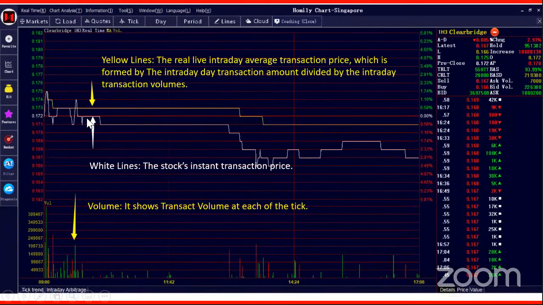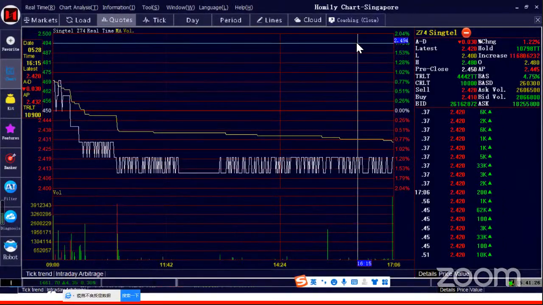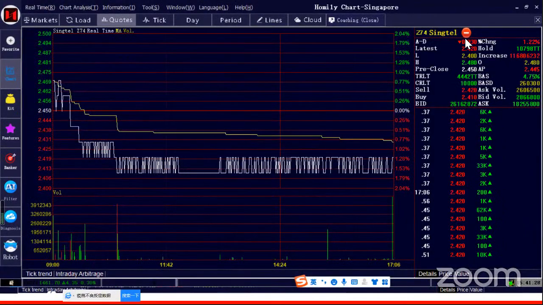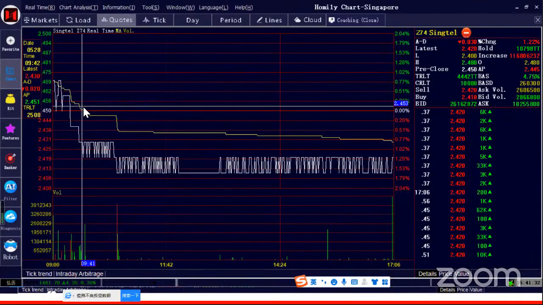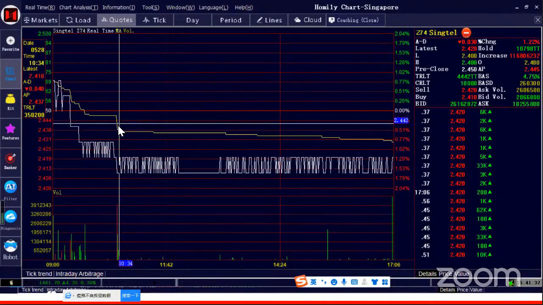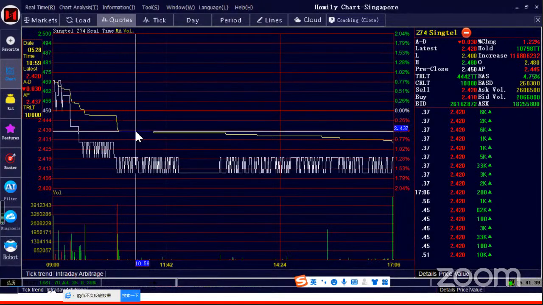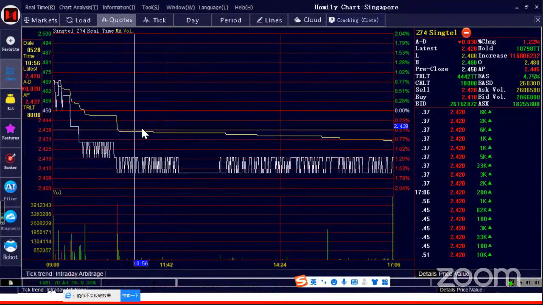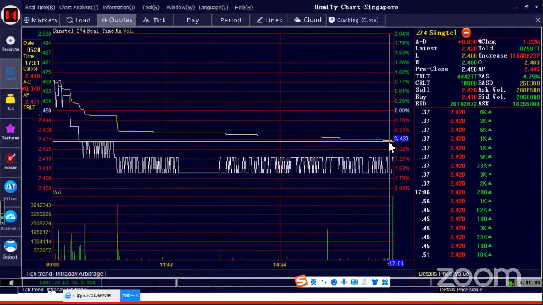So for example, I can show you some examples. Singtel. This is the tick chart of Singtel. You can see the yellow line, which is the average transacted price of the day, is going down, right?